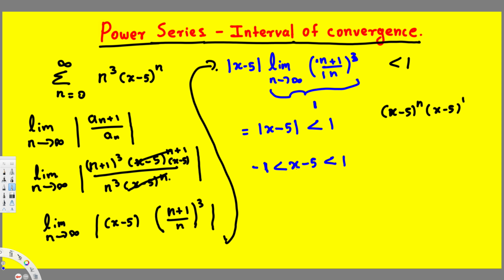Treat this one like an equal sign, and this is positive 5. So positive 5 minus 1 is going to be 4, right? 4 < x, and if you move this negative 5 to this side, it is going to be again positive 5. Positive 5 plus 1, that's going to be 6. So the new interval is 4 to 6. x is between 4 and 6.